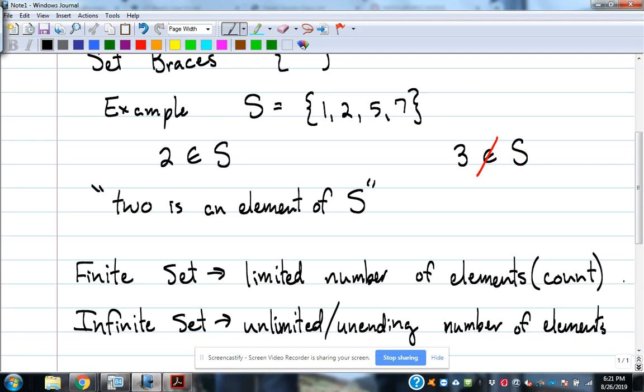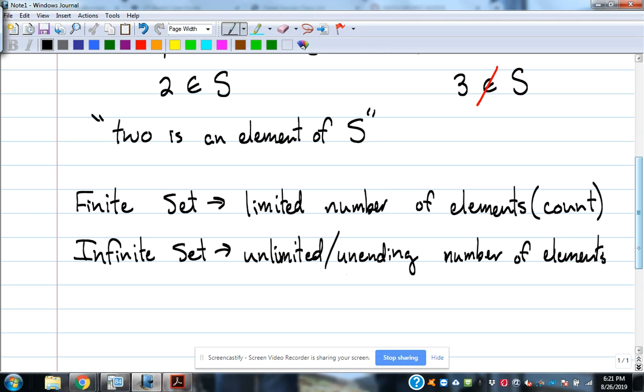Okay. So when we're talking about infinite and finite sets, one of the first sets that you ever learned anything about when you were a kid in preschool was the natural numbers. Does anybody know what the natural numbers are?